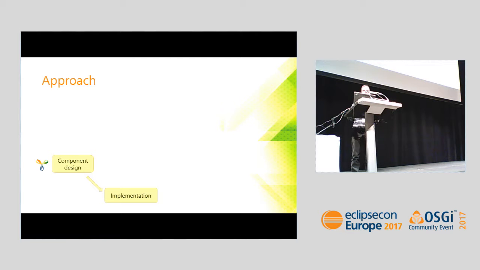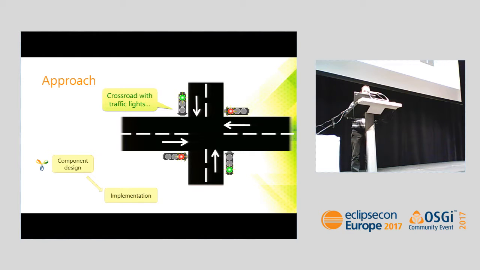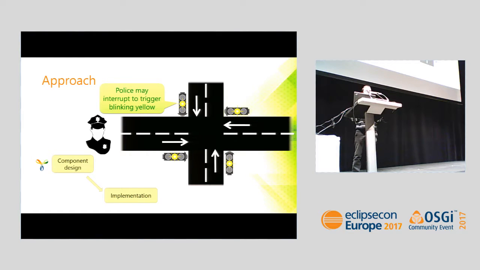In our case study and in our demo, we will use a traffic light system, a crossroad, where you have traditional traffic lights toggled by a timer, and they have 3 phases as traditional. And one additional feature is that the police may interrupt the system and trigger a blinking yellow.